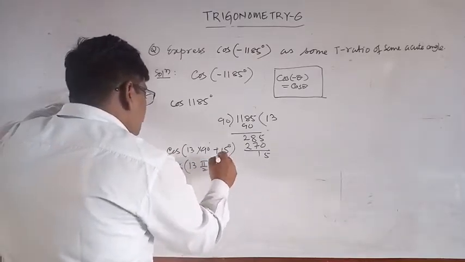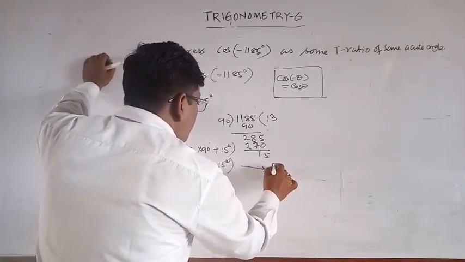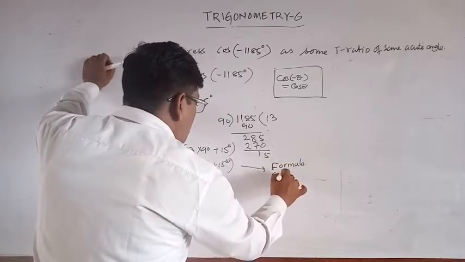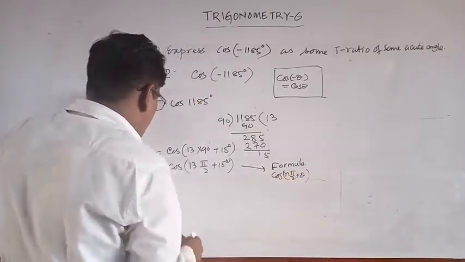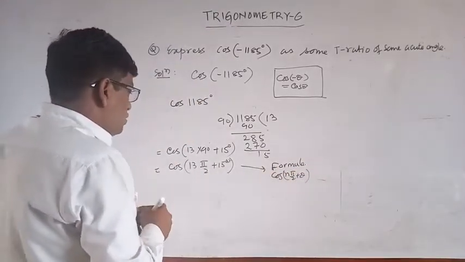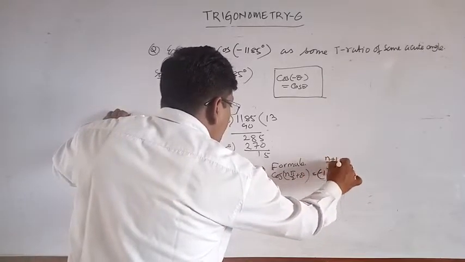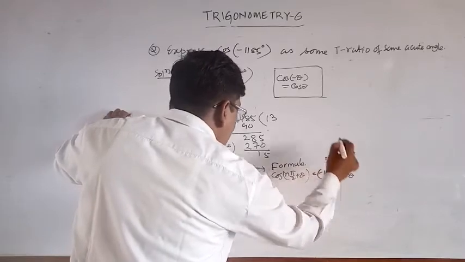The formula is cos of n pi by 2 plus theta is equal to minus 1 to the power n plus 1 by 2 into sin theta.